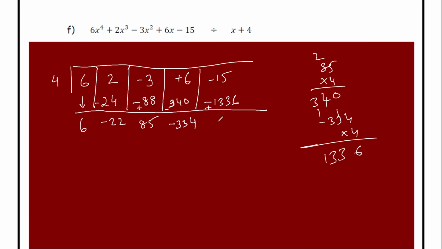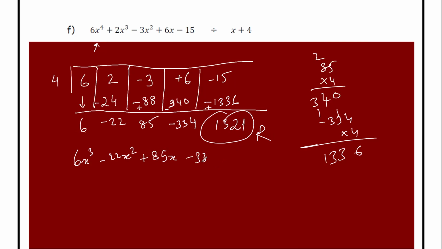So then you got positive 13 and 21 because 15 subtracted from 36 gives you 21. That's my remainder, positive 1. And my quotient is, remember, this is x raised to 4. So therefore this will be 6x cubed minus 22x square plus 85x and then 334.